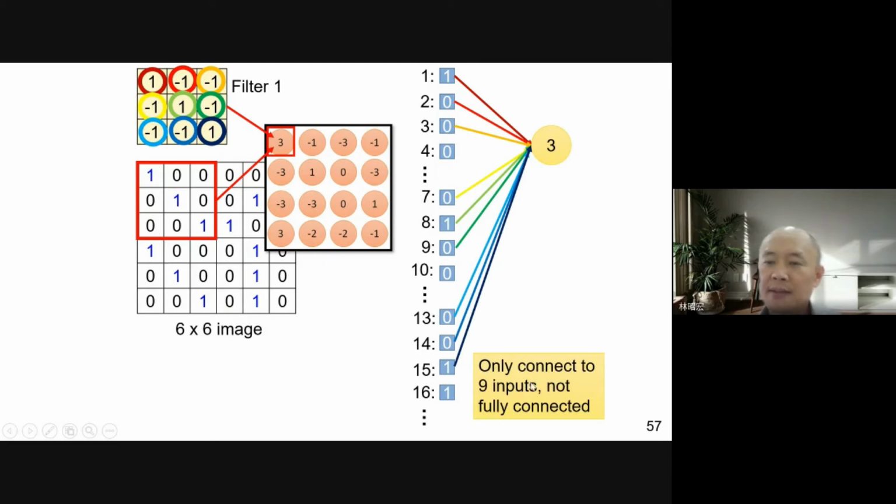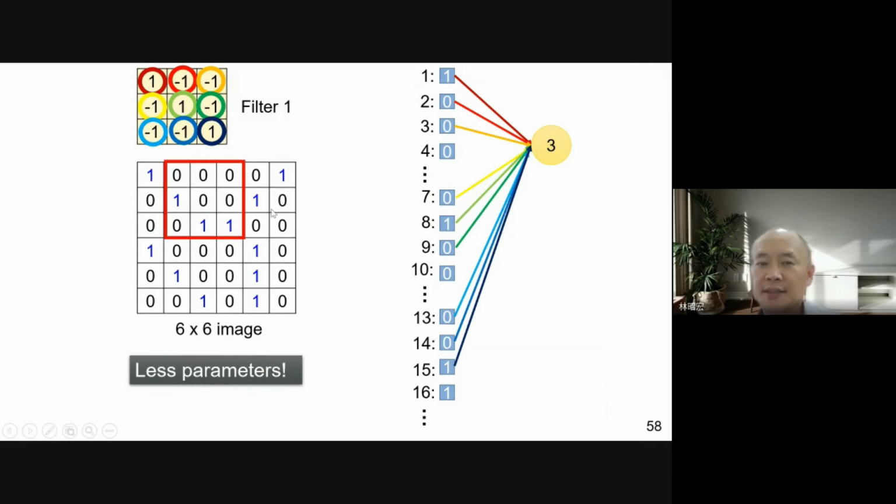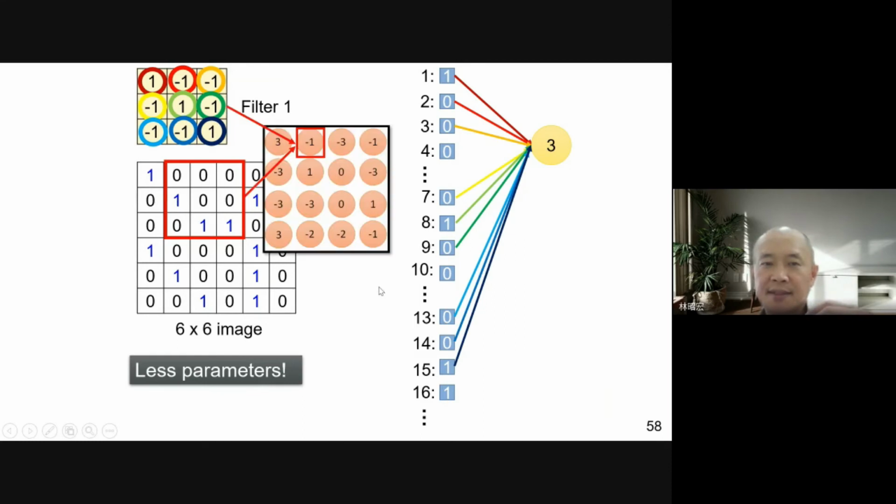Only 9 connections, not fully connected, and because it's not fully connected, you use fewer parameters than a fully connected layer. When you move to the next pixel, it performs the same thing. The output is -1, with 9 connections to this 3 pixels, this 3 pixels, and another 3 pixels.